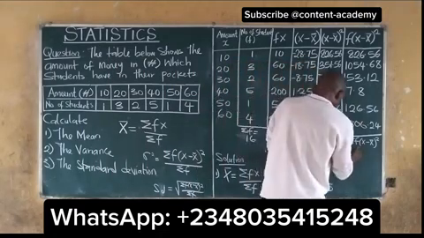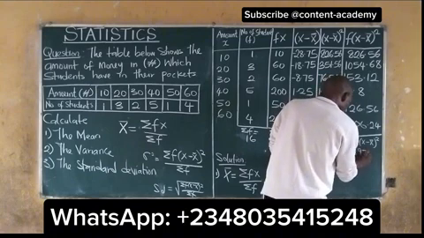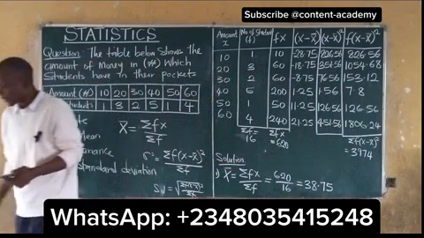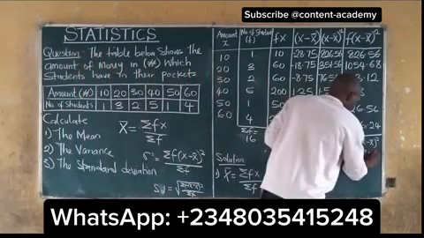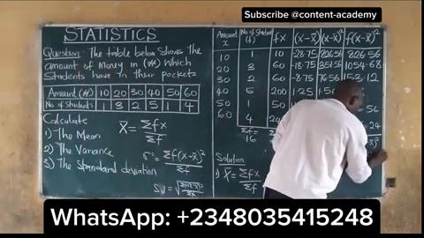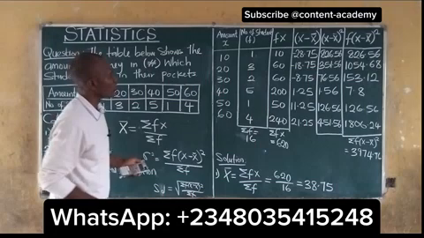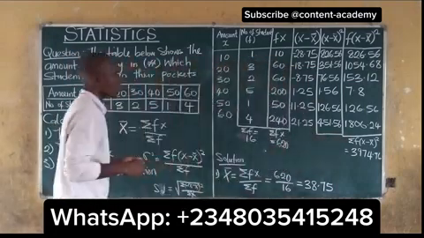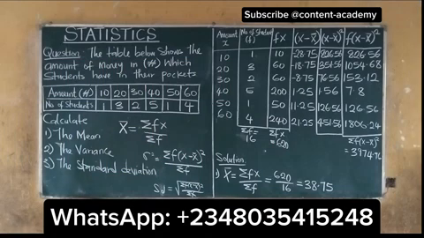We'll have it to be 3974.96. Now, the next thing to calculate is our variance.